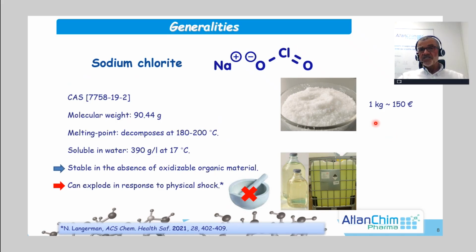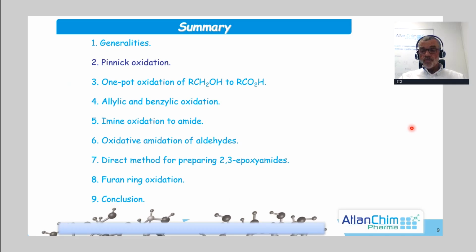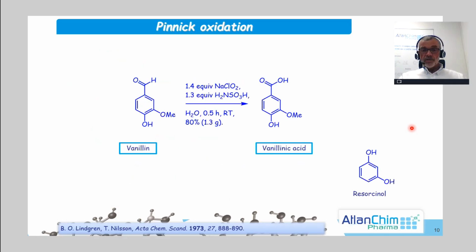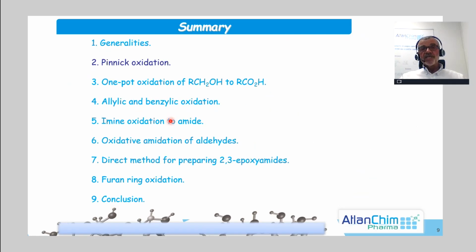In organic synthesis, sodium chlorite is an inexpensive, green, and versatile reagent, which has been widely used for the oxidation of aldehydes to carboxylic acids under mild conditions, and this popular transformation is known as the Pinnick oxidation.